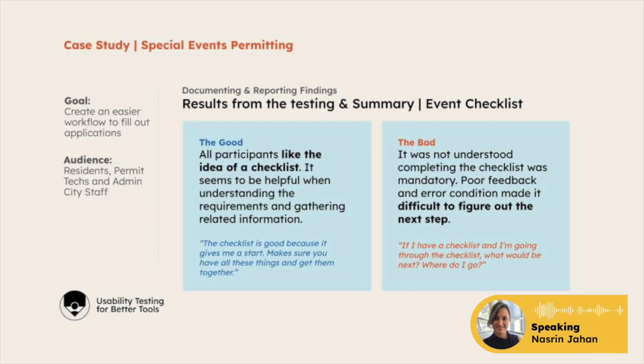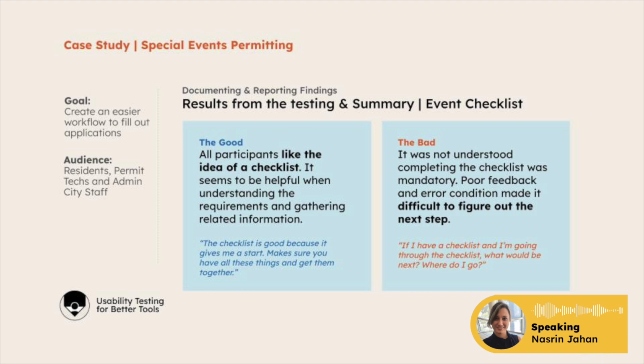And then when you're documenting and reporting your findings, it's important to have what went well and what didn't go well. So the good and the bad. In our case, the good part was that everyone loved the idea of the checklist. And I also have a code regarding that from a participant: it seems helpful when understanding the requirements and gathering related information.